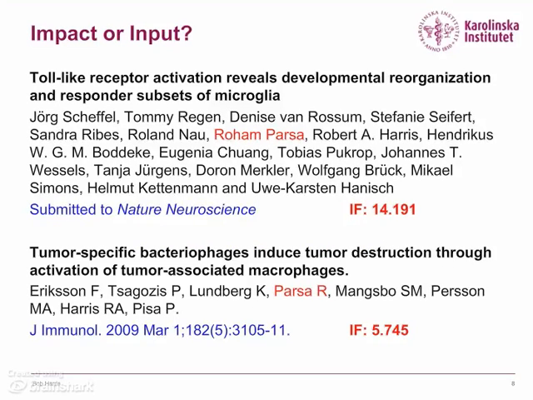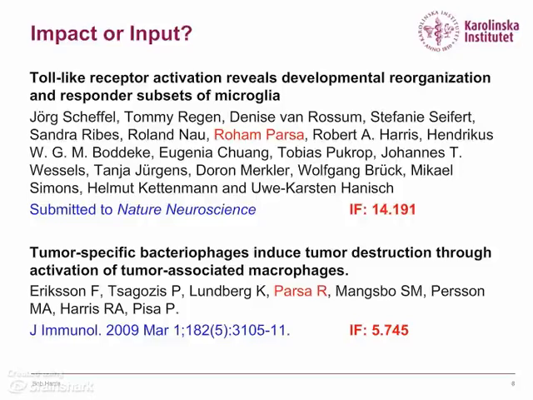In slide 8, impact or input, you see some research results of research in my lab. I thought I'd use some examples from myself in order to illustrate this point. So you see in the first paper, which was submitted to Nature Neuroscience, impact factor over 14.